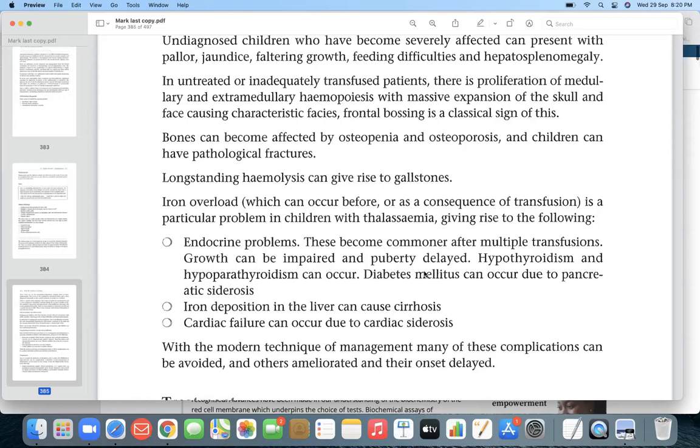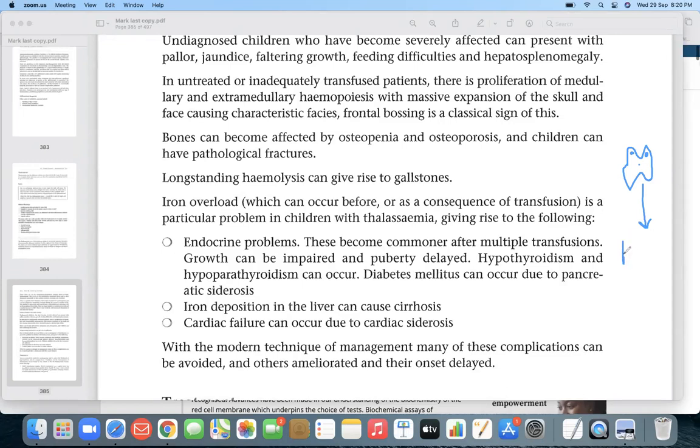All these things are due to iron deposition. So we have to remember head to toe. First, there will be deposition in the thyroid and parathyroid. Iron deposition will cause hypothyroidism and hypoparathyroidism. Then coming down, you have the liver and pancreas.